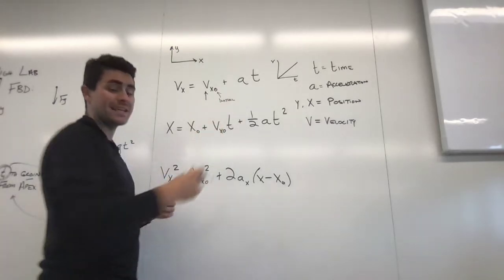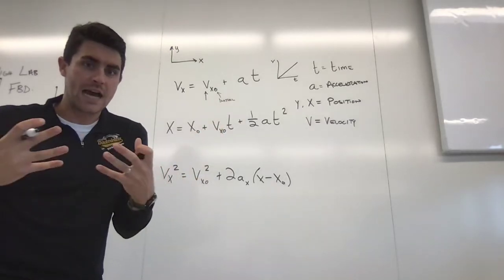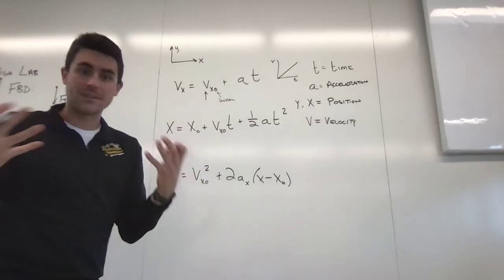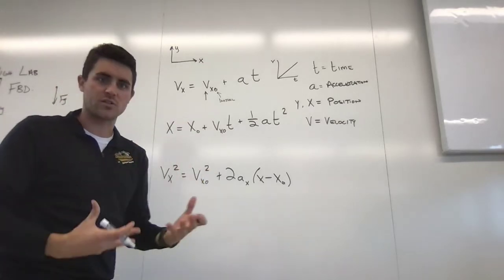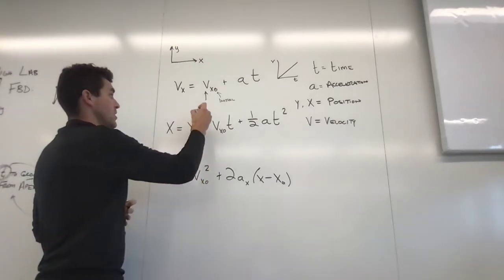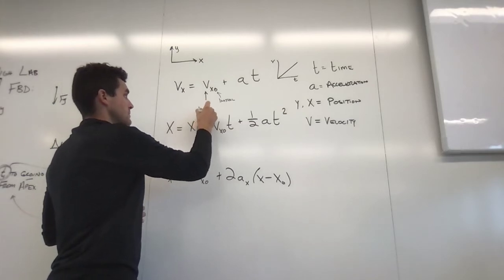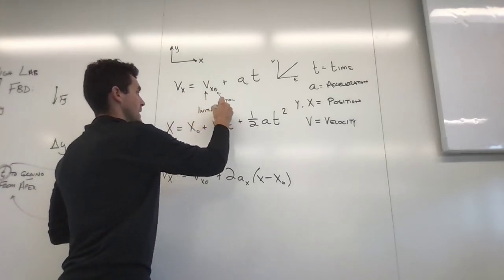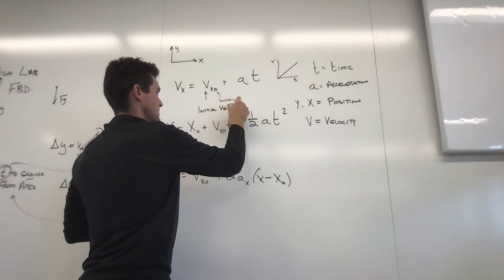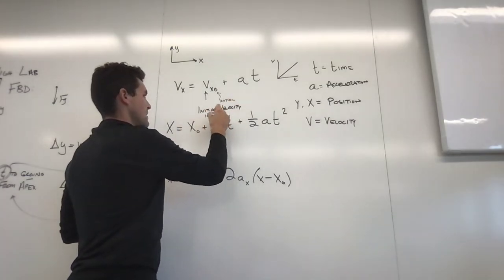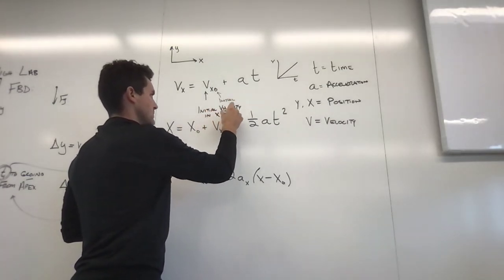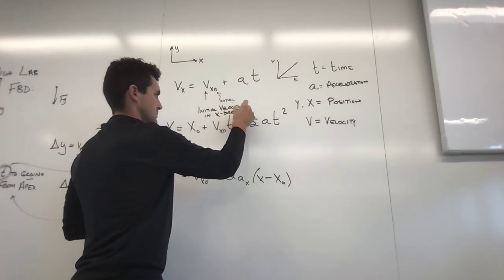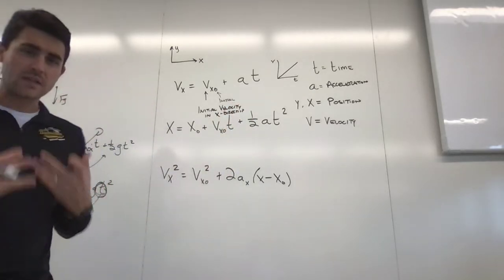So this little 0 indicates time is 0, the v indicates velocity, and the x indicates the direction it's moving in. So I put it all together. This variable is the initial velocity in the x direction. That's all that means. That's what that variable means.